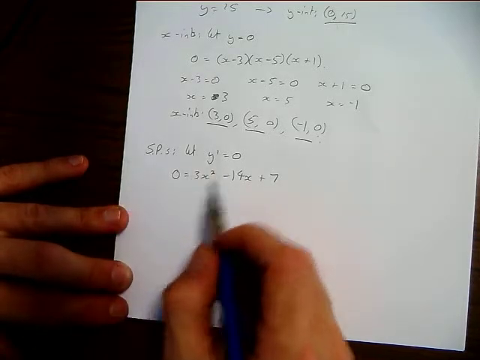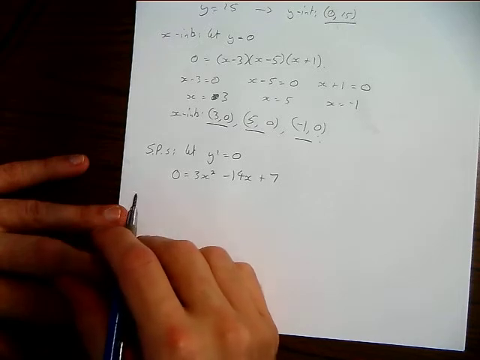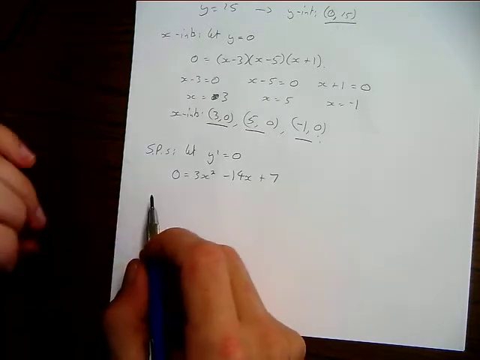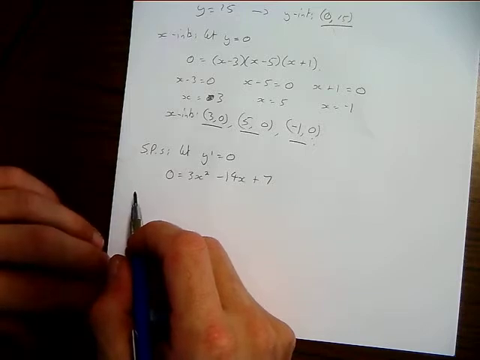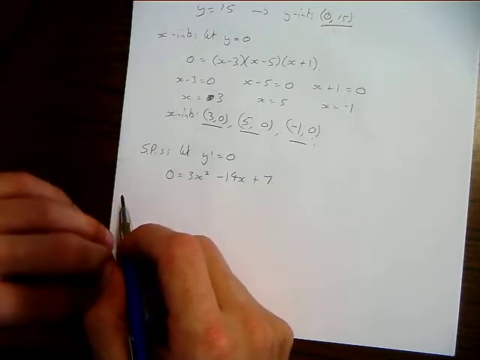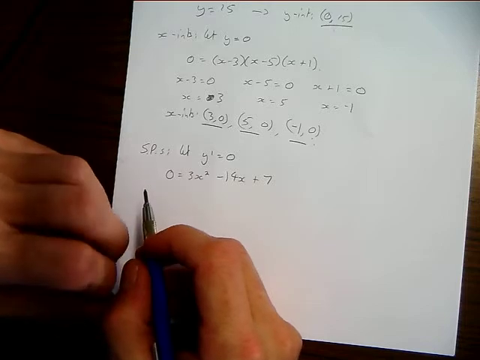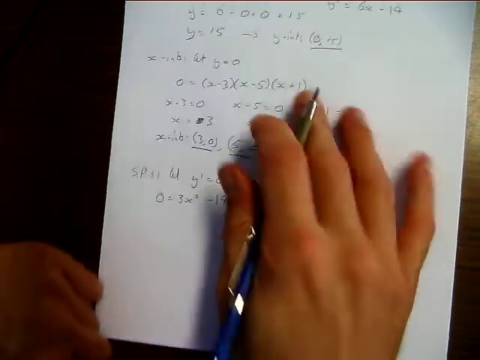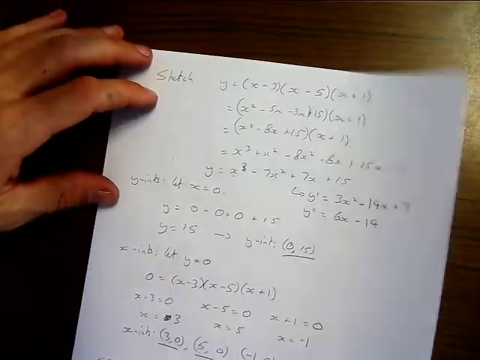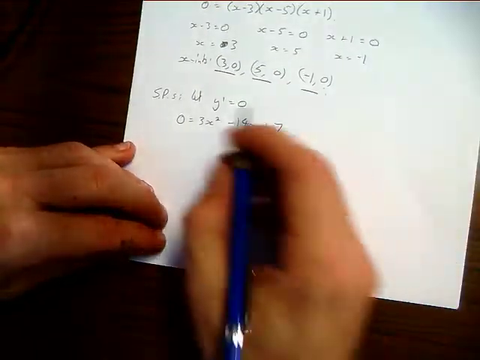I could factorize it, but I don't know if I want to. It might not factorize nicely, because I just came up with it on the spot. So let's use the quadratic formula to solve it.